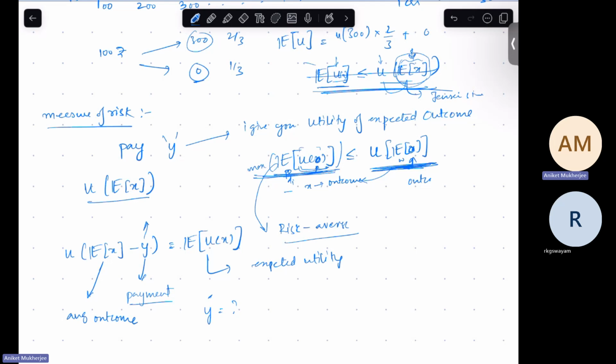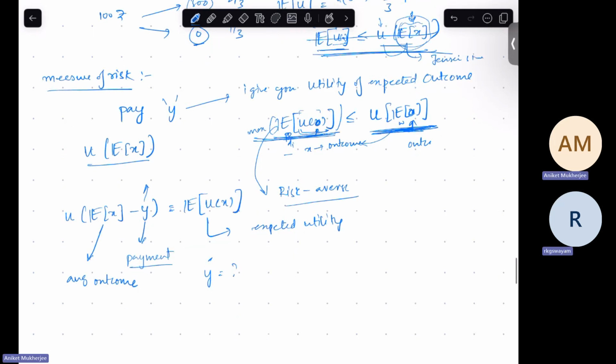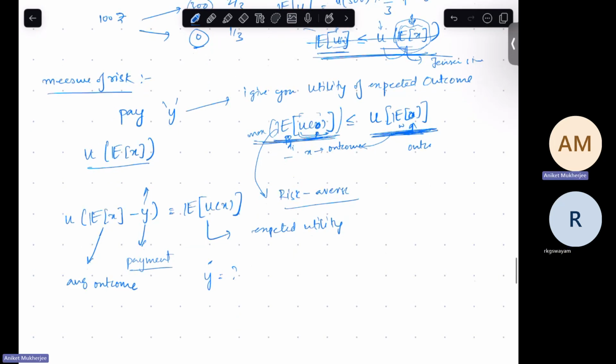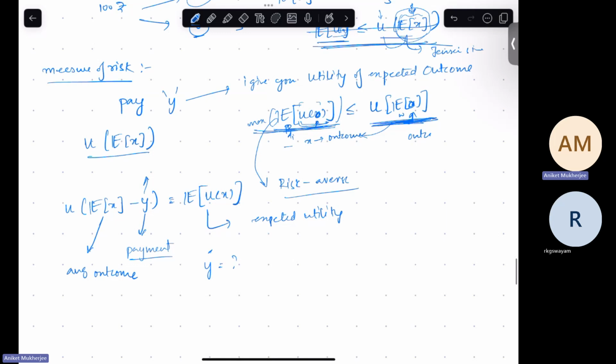Okay, so how much risk here can be done in many ways. One way I'm doing is looking at how far I am from the utility of my average outcome.